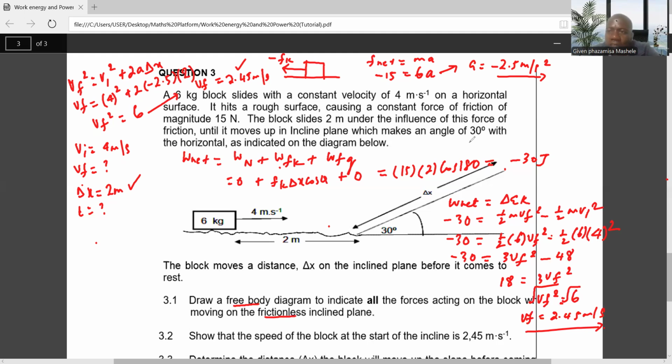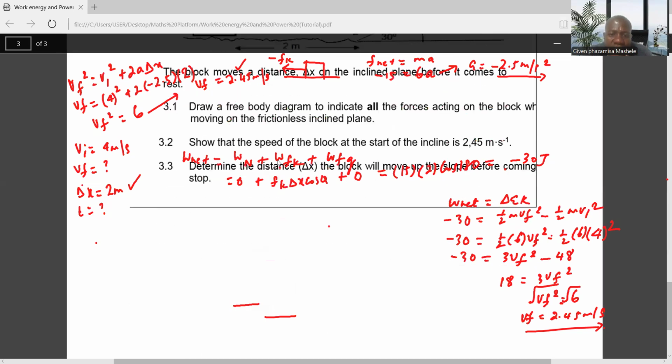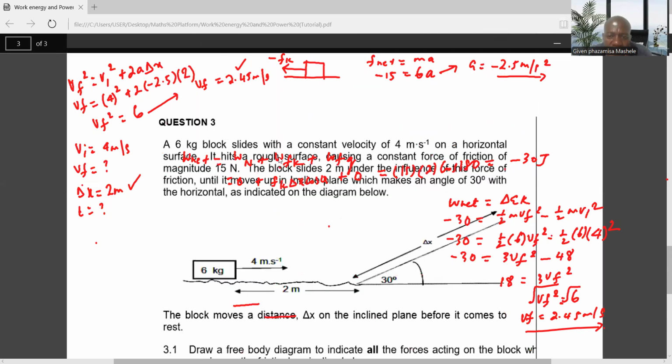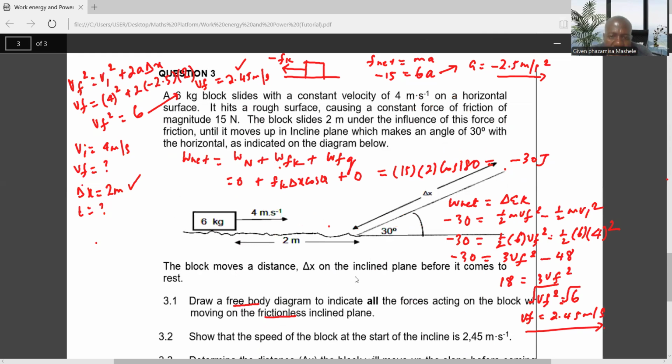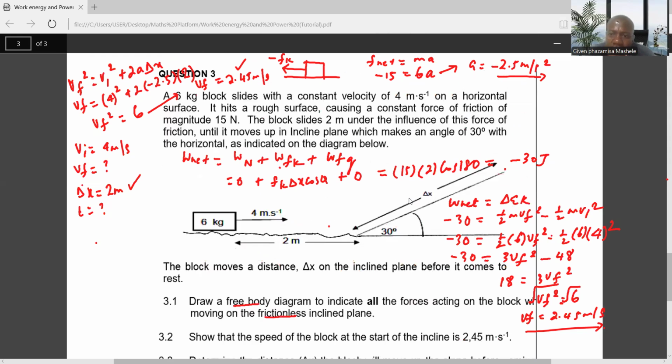Right, now the next question says, determine the distance the block will move up the incline before coming to rest. So it means the final speed is 0 here. We know the initial is 2.45, so now we can calculate this delta x.